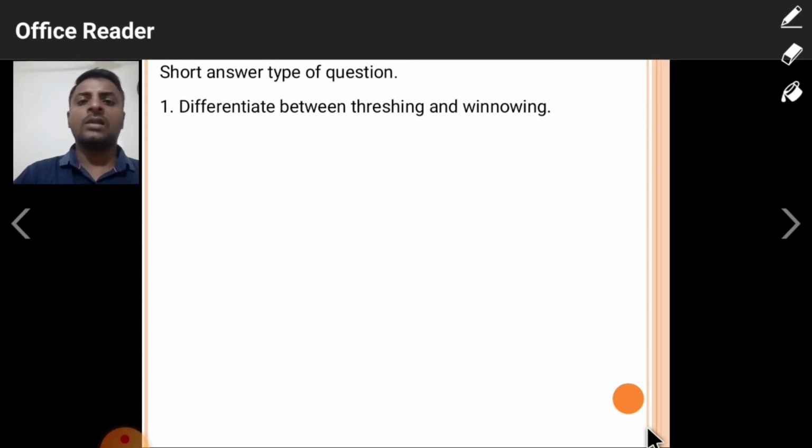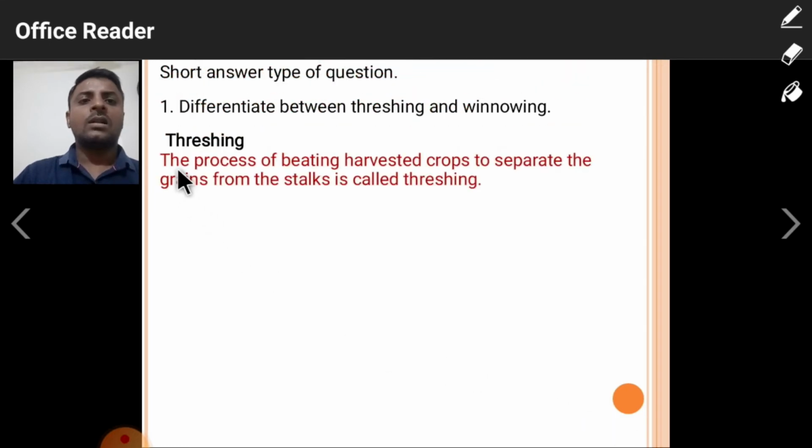That you have learned in methods of separation. Four common methods are there: hand picking, sieving, threshing and winnowing. So here we have to learn threshing and winnowing. Let's see the first, threshing. The process of beating harvested crops to separate the grains from the stalks is called threshing.